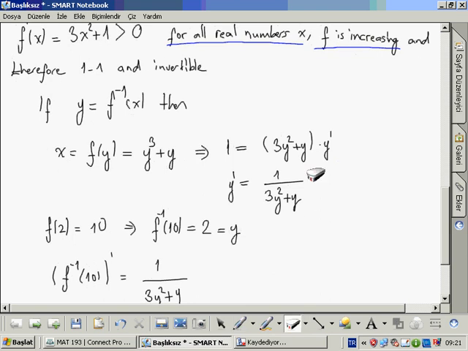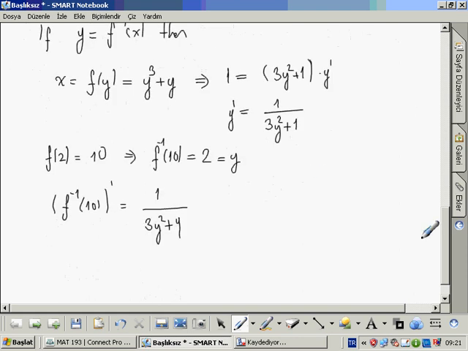Let me correct this part of the question. This is 1 and this is 1, so correct this part again. So evaluating at y equals 2, it equals 1 over 3 times 4 plus 1, so it equals 1 over 13.